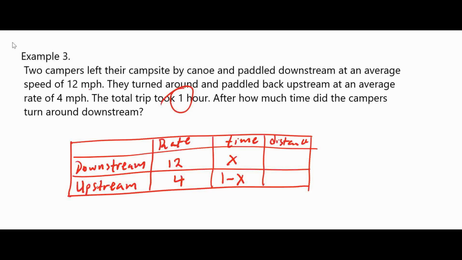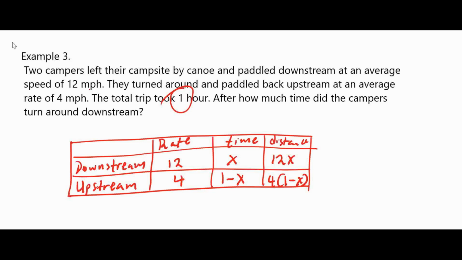So the distance covered downstream will be 12x, which is 12 times x, while the distance covered paddling upstream will be 4 times 1 minus x.